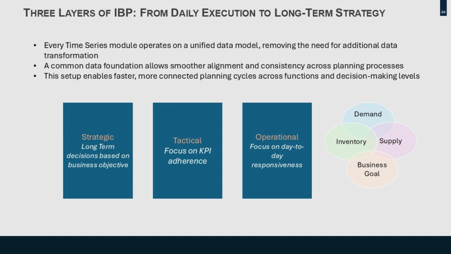IBP lets us include those insights in the forecast. That way, the forecast feels more real. Basically, the more we talk to customers and teams, the better our forecast gets. And when our forecast is solid, everything else, inventory, supply, sales, just works better. That's what keeps the business strong. Good service, fewer stockouts, more on-time delivery.